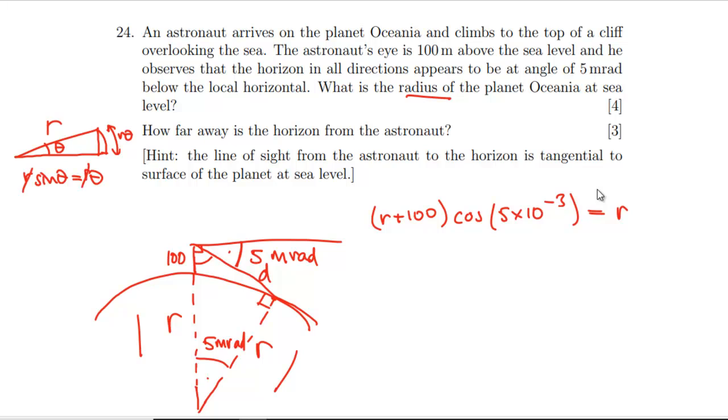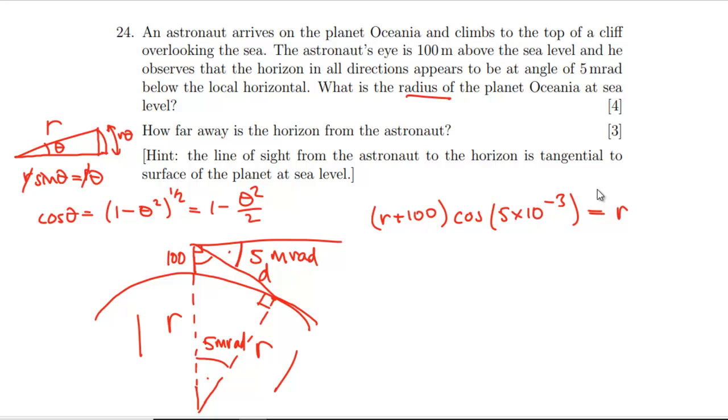So sine theta is equal to theta in small angle. Cos theta is the square root of 1 minus sine squared, so the square root of 1 minus theta squared. Then we do the expansion of that and get 1 minus theta squared over 2.